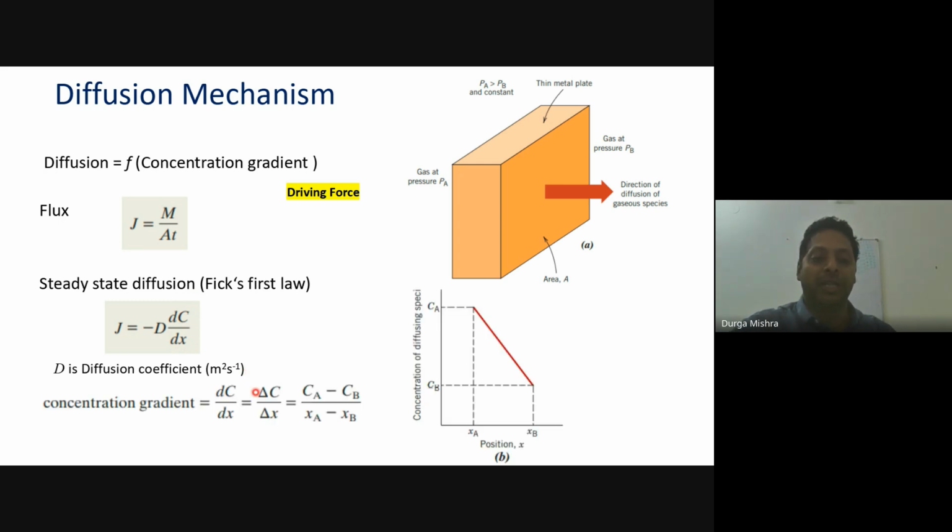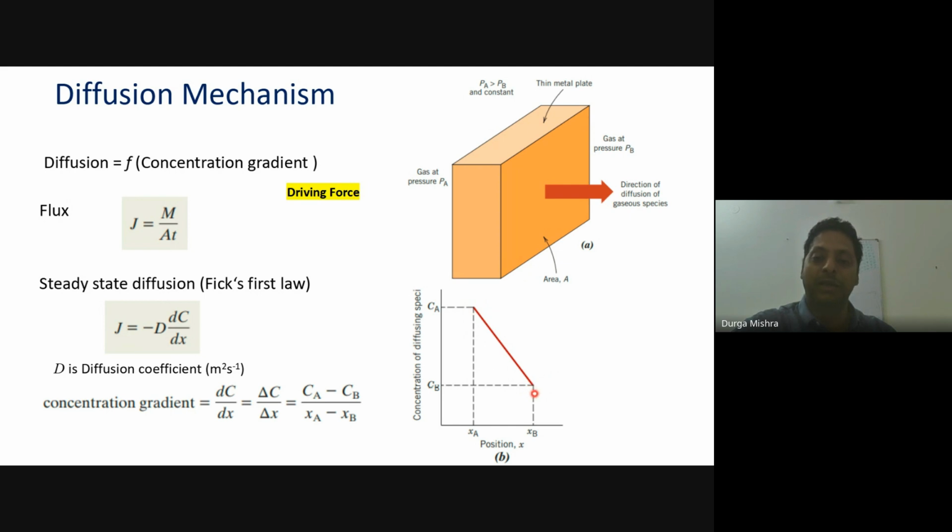The concentration gradient will be given by dC/dx, that will be the slope of this curve. Now if I have a steady state, there will be no change in this slope. Whatever concentration is there at a time t, the same concentration will remain in a steady state. It will always be the same, concentration on A side and concentration on B side.